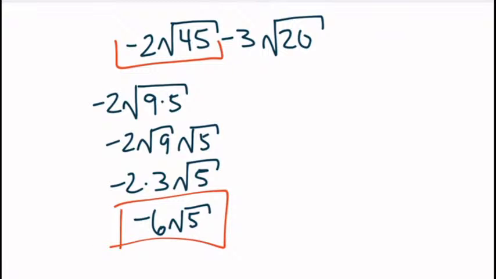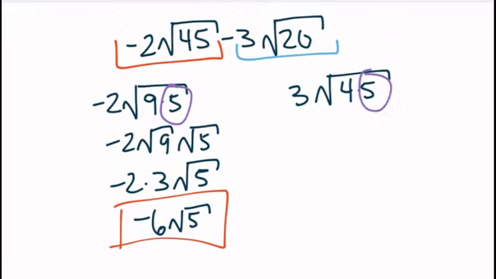Now we're going to do the second radical of this problem. 20 is divisible by the smallest perfect square after 1, which is 4. So we get 3 times 4 times 5. If you just stop here and look at the problem, you can see that both radicals have a factor of 5.